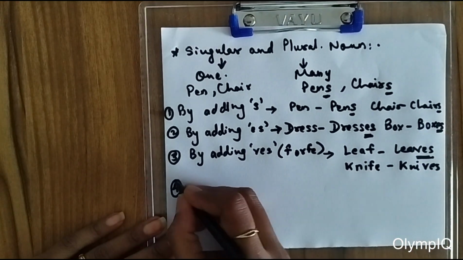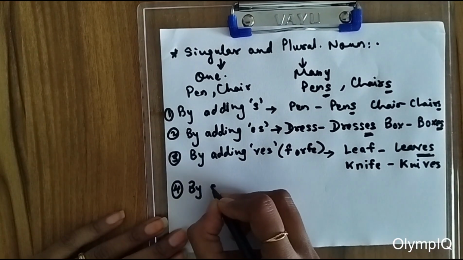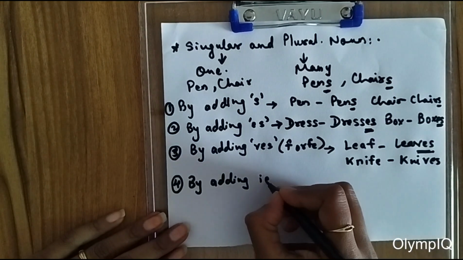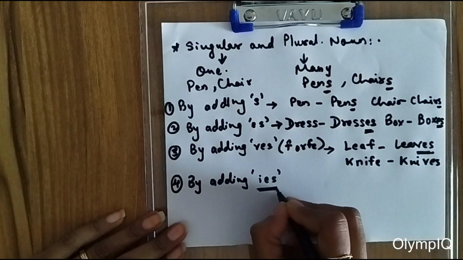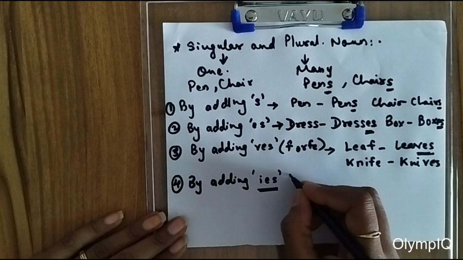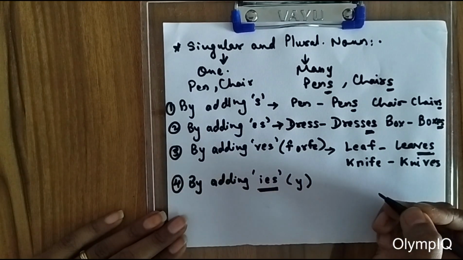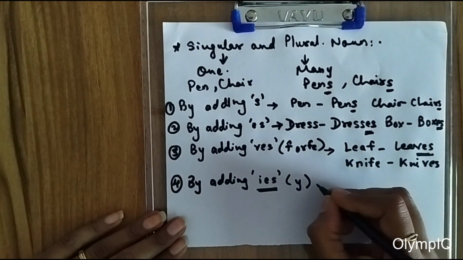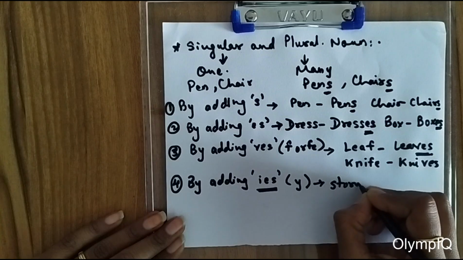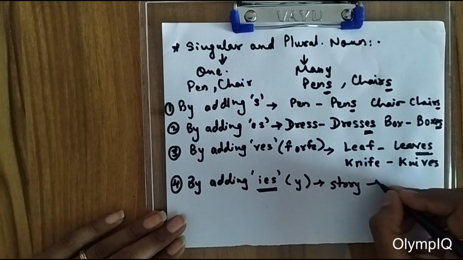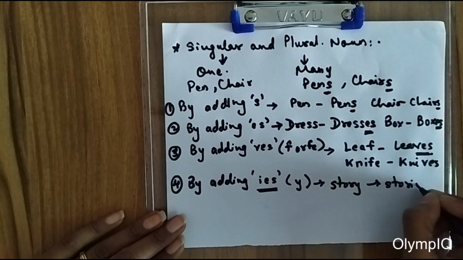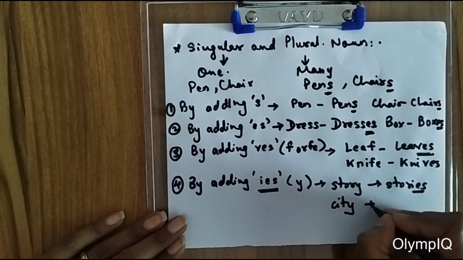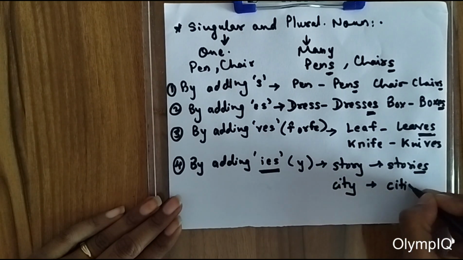Now the fourth set also is by adding ies. You have to add ies at the end of the noun. This is especially for nouns ending in y. So we have to remove y and then we add ies. For example, story: you remove y and then it would be stories. Say city, you do cities.